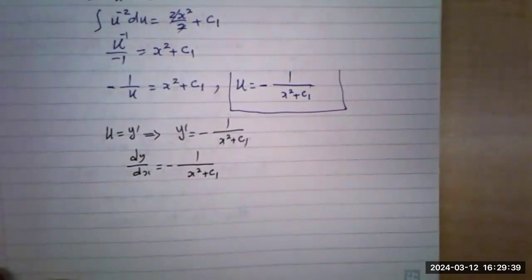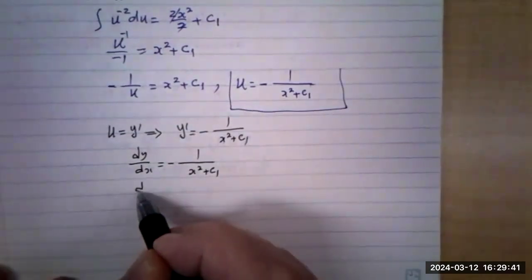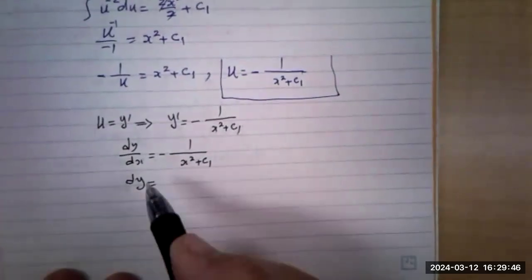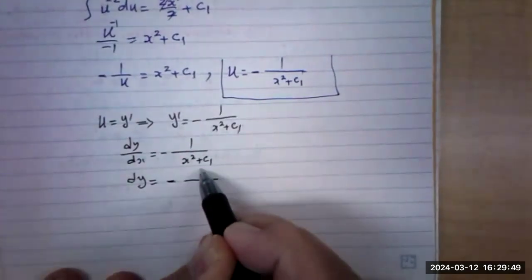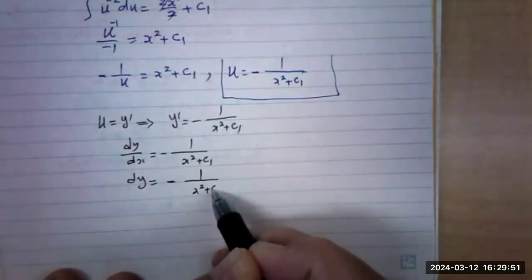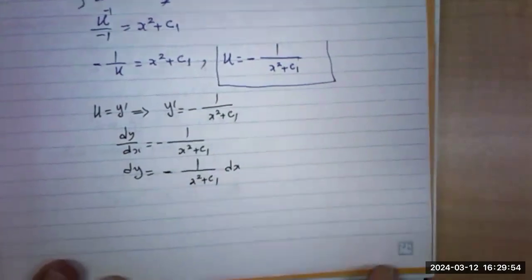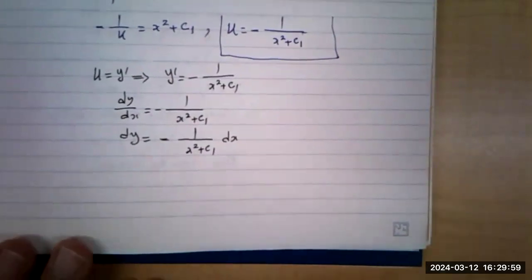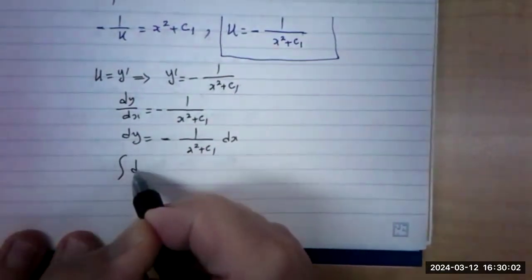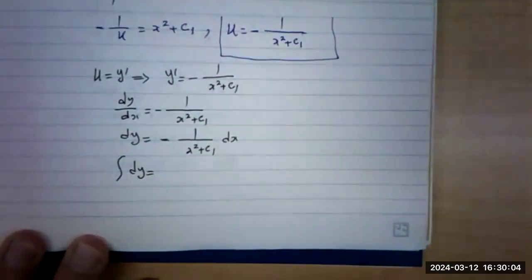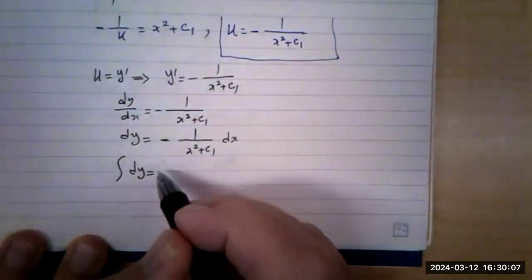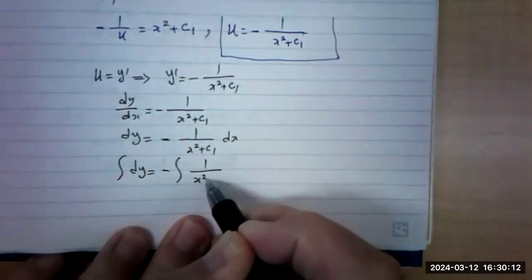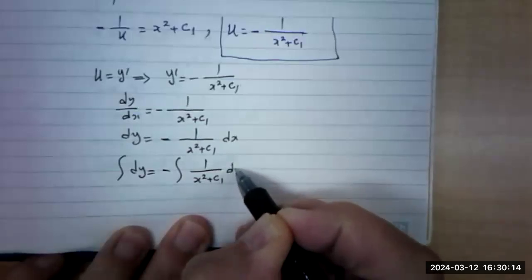Then multiply both sides; we want to write it in the form of separable variables. So dy equals negative 1 over x squared plus c1 dx. That's it. Now it's in the form of separable variables, so integrate both sides. That gives the integral of dy equals, putting out the negative sign, negative the integral of 1 over x squared plus c1 dx.